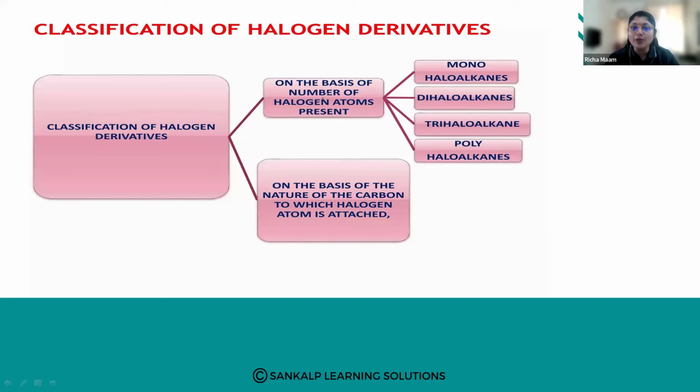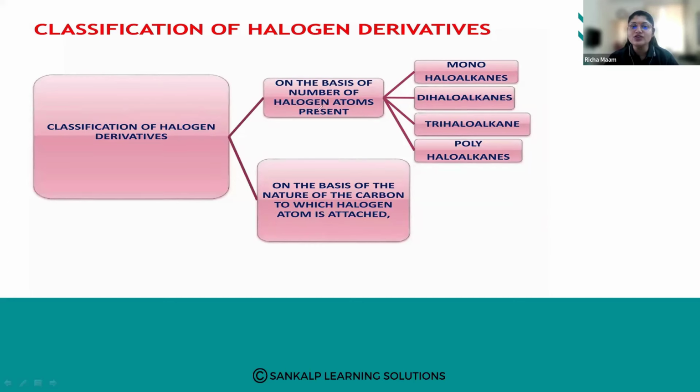The second is based on the nature of the carbon to which the halogen atom is attached: either an sp3 hybridized carbon or an sp2 hybridized carbon. So these are the two classifications.